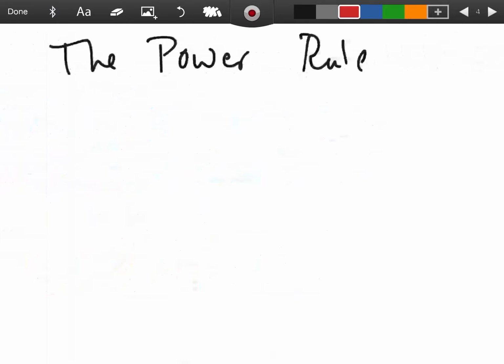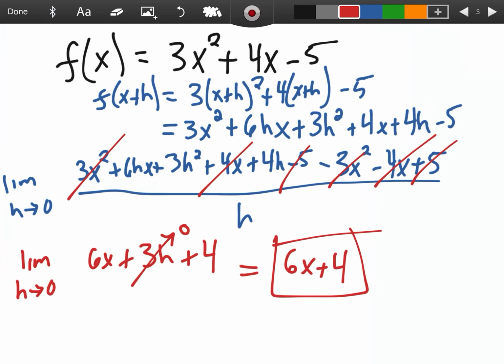All right, so what is the power rule? Basically, what the power rule allows us to do is just take the exponent, or the power, and we will multiply it down in front, and then just subtract the power by 1. So 3x squared becomes 2 times 3, which is 6. Okay, this 6 right here.